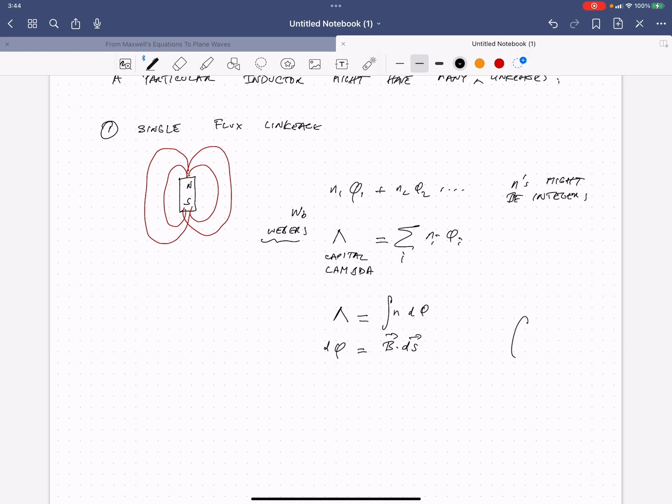Meaning you might have an inductor and a bunch of B fields going through it, and there might be a fraction of a line, and this is like an area integration. So in that case, lambda is the integral of n B dot dS.